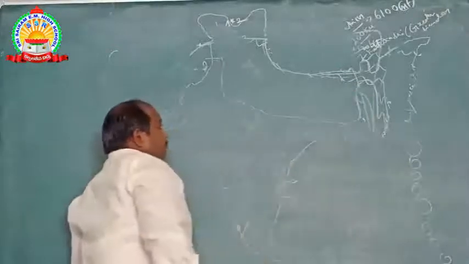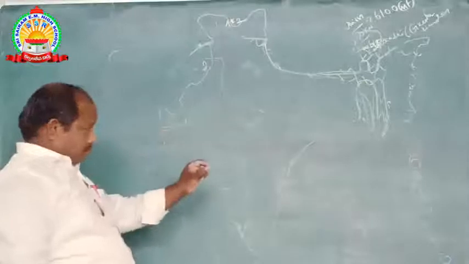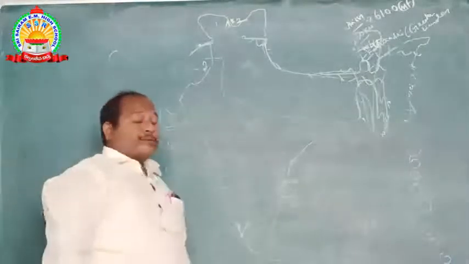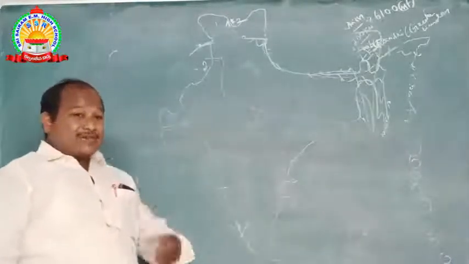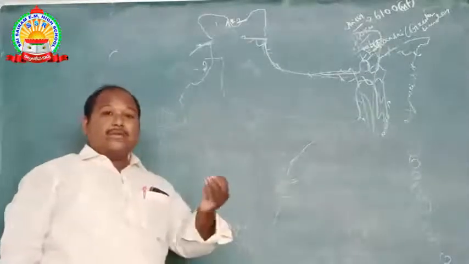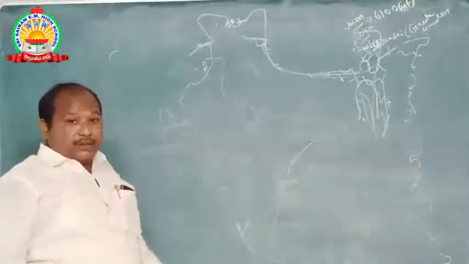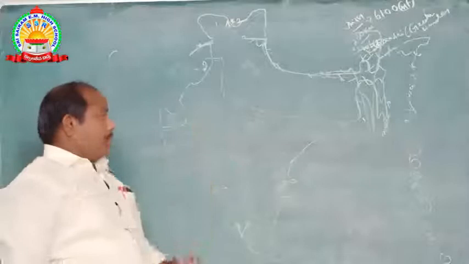The Indo-Gangetic Plain. This plain is formed by the interaction of three perennial rivers: the Indus River, the Brahmaputra, and the Ganga River.